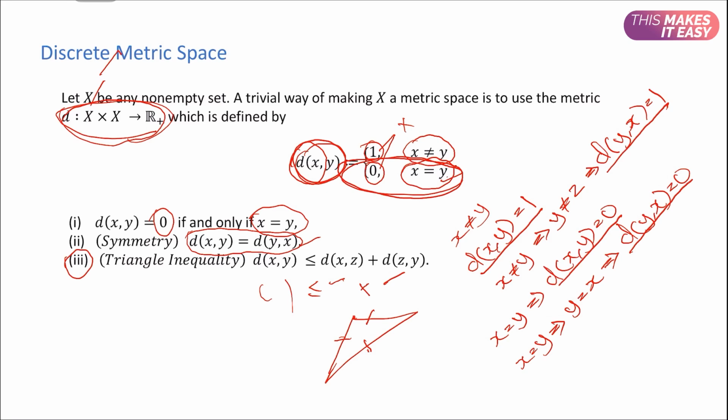That is a little bit complicated, so we will explain it in detail because there are many possible options: x is equal to y and y is equal to z; x is equal to y but y is not equal to z; x is not equal to y is equal to z. There are different options. We will go through that.